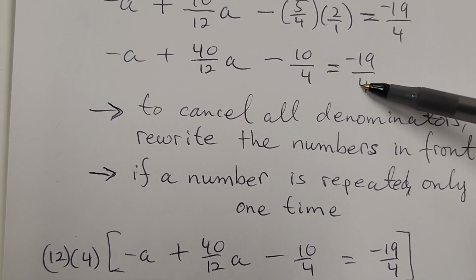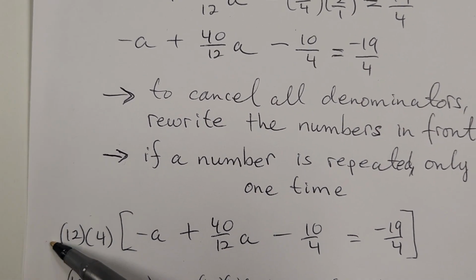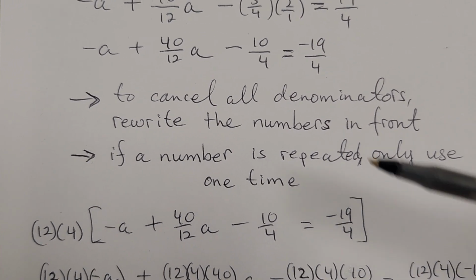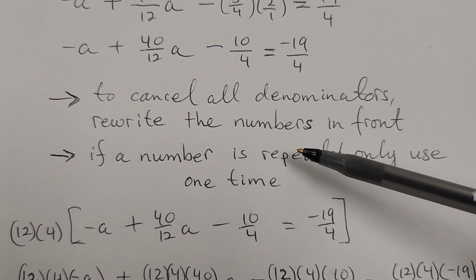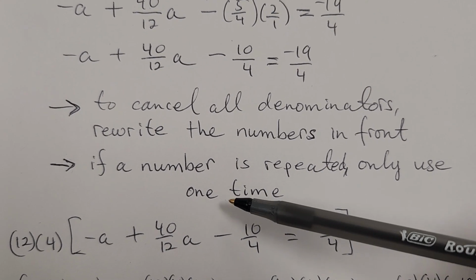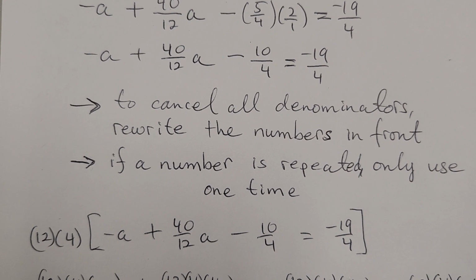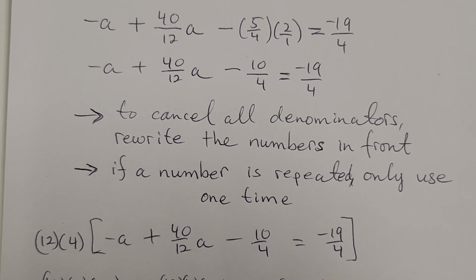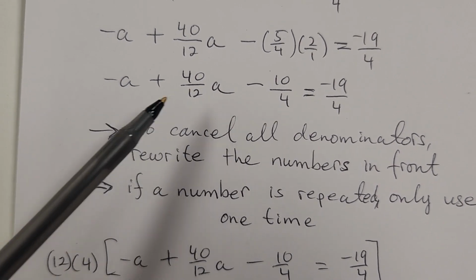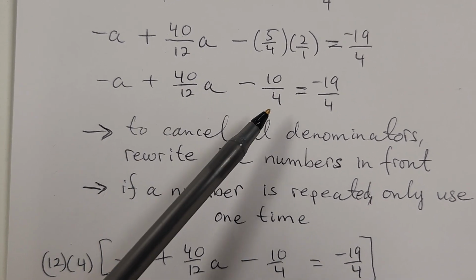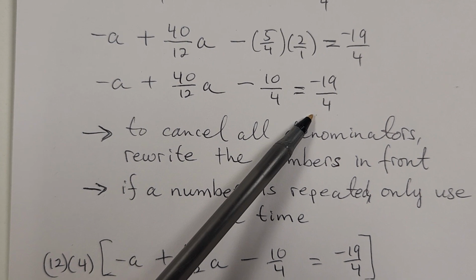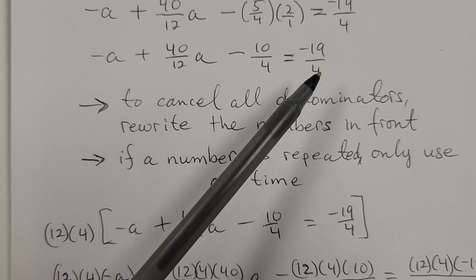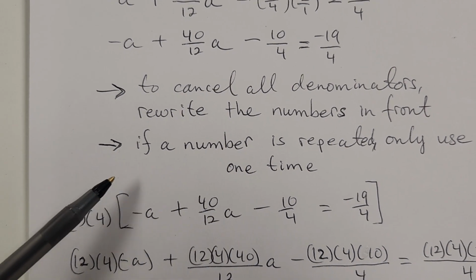Do not write 4 twice, which I have here. I only use 12 and 4, which I wrote right here. If a number is repeated, only use it one time. Okay, so be very careful. Again, right here, this is 12, this is 4, and this is also a 4. These two 4s are repeated, so just use one time, which I wrote right here.